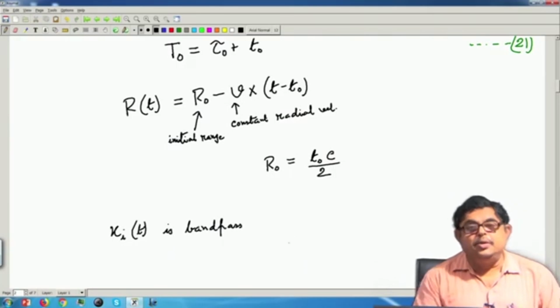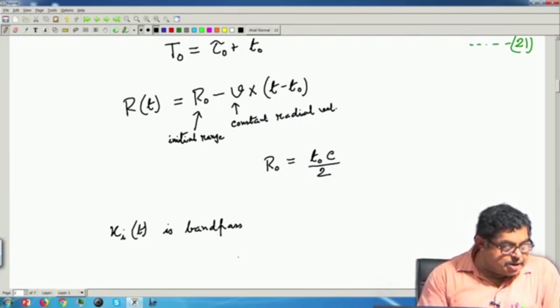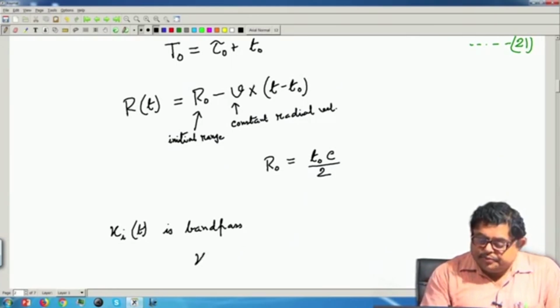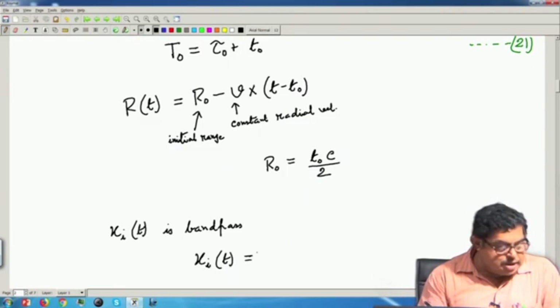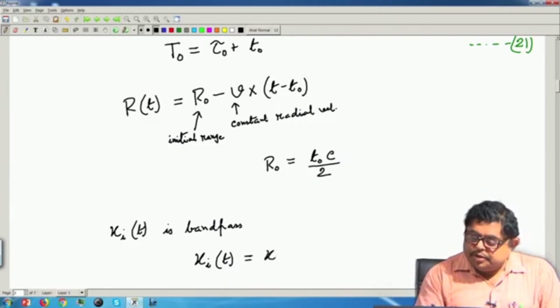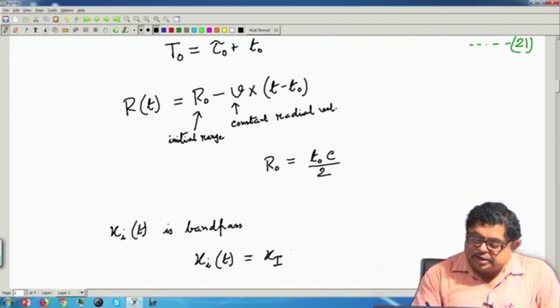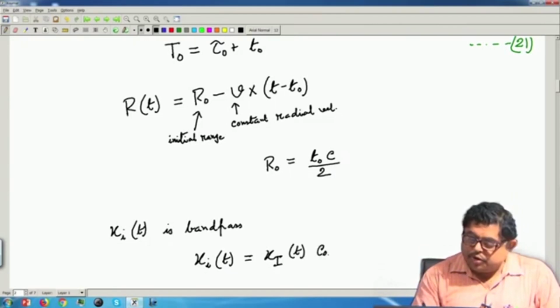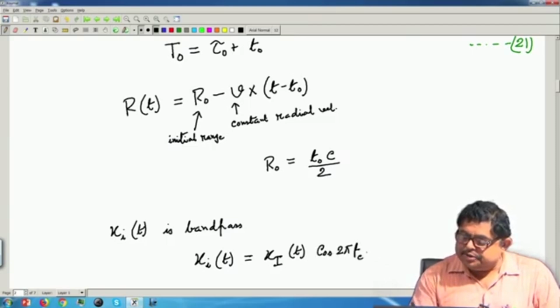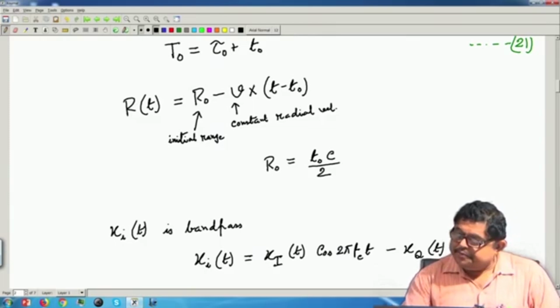Band pass signals, when analyzing, we express in terms of complex envelope, which will simplify our work. So, if we take x I t in terms of in-phase and quadrature, because some receivers work on that principle, IQ receivers, it will be x I t cos 2 pi f c t minus x Q t sin 2 pi f c t.